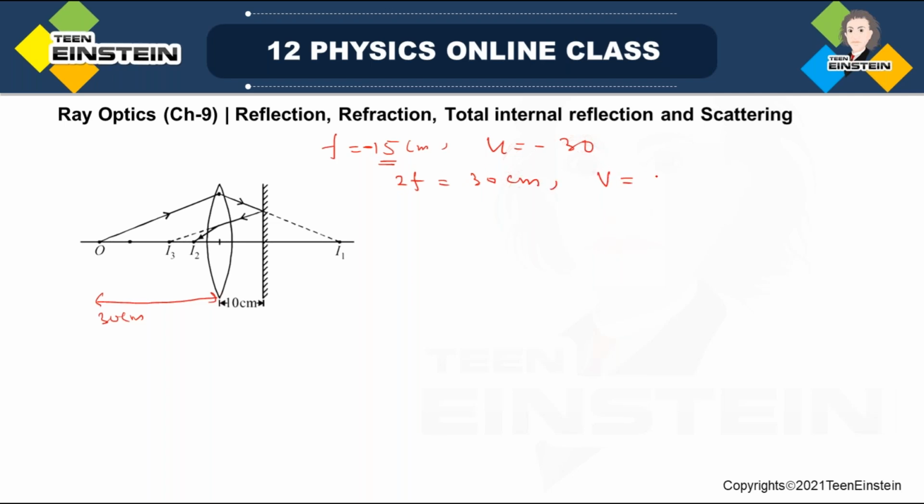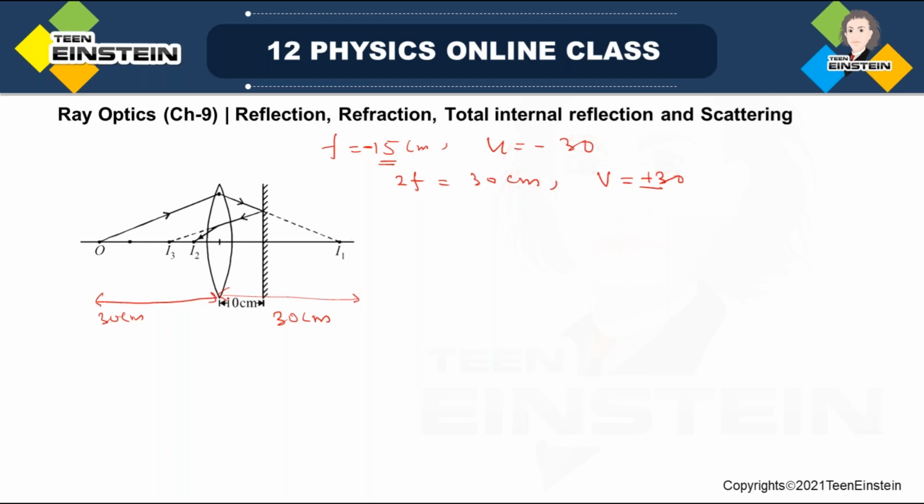Image will form actually at 2f itself. That means 30 centimeter plus. What does that mean? The image should have formed at 30 centimeter from the lens itself on the other side.